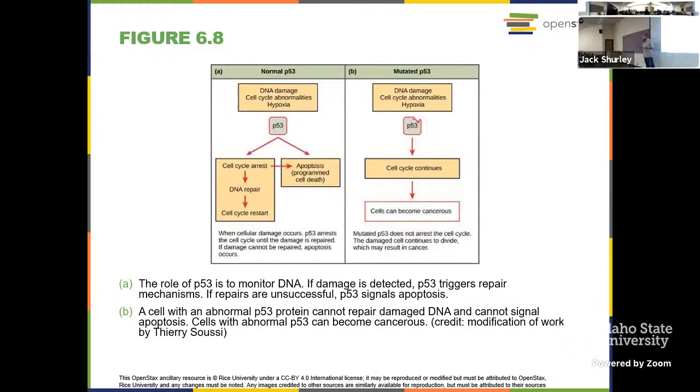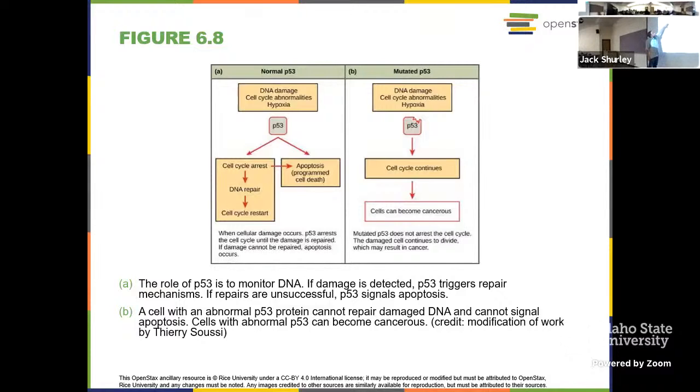If that's not the case, and you can't repair this damage, then it signals another mechanism. Apoptosis is programmed cell death, cell suicide, right? And these cells that are messed up, technically they take one for the team. They destroy themselves instead of proliferating and causing all sorts of other issues.